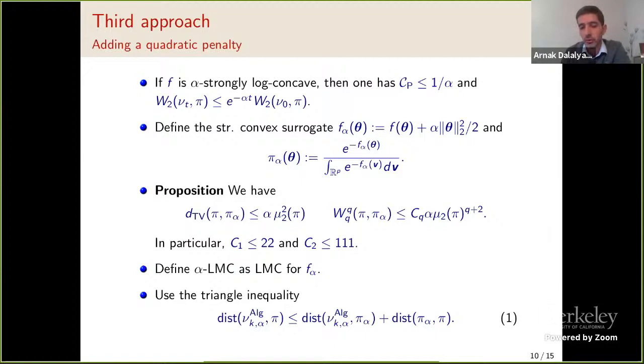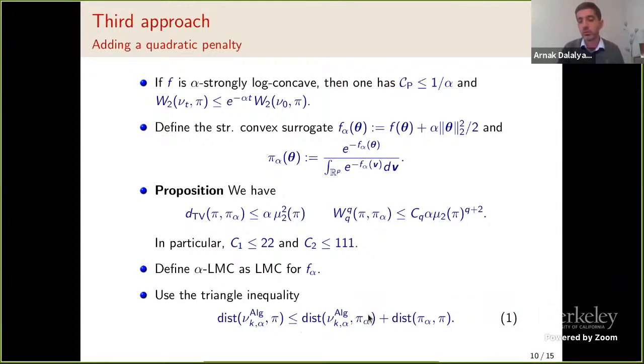The basic tool of the analysis is just the triangle inequality, which says that the distance between the penalized Langevin Monte Carlo and the target distribution is smaller than the sum of these two distances, where the first distance is just the quality or the precision of sampling from a strongly log-concave distribution.